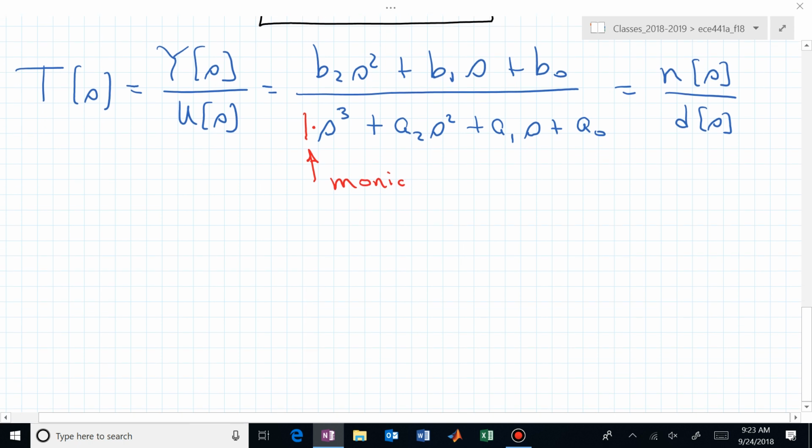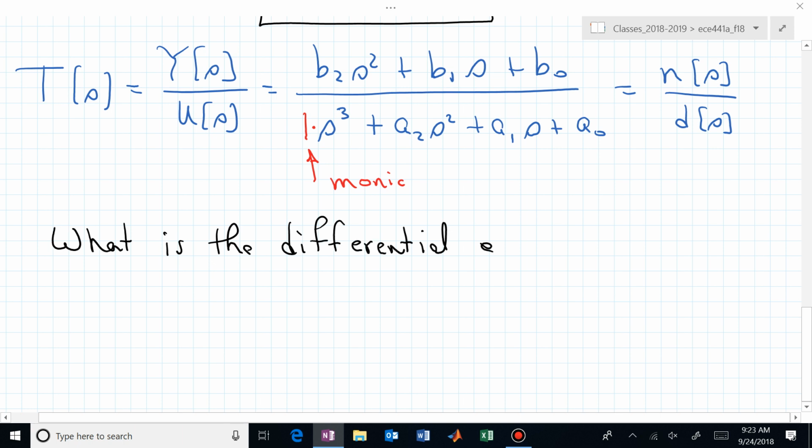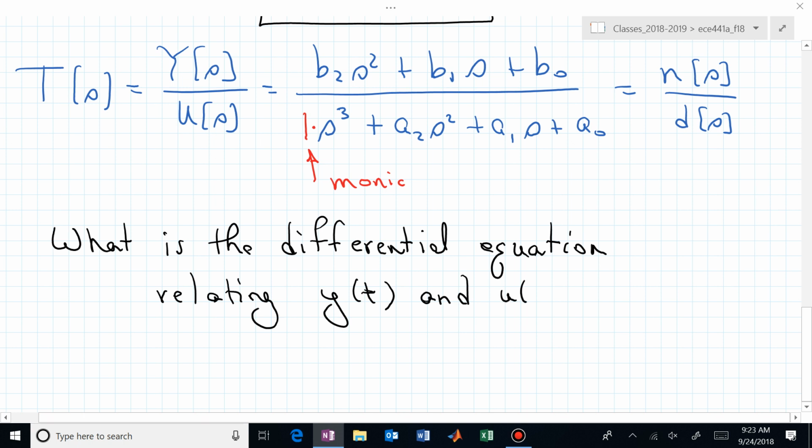So now what we want to do is find or answer the following question. What is the differential equation relating y of t and u of t?